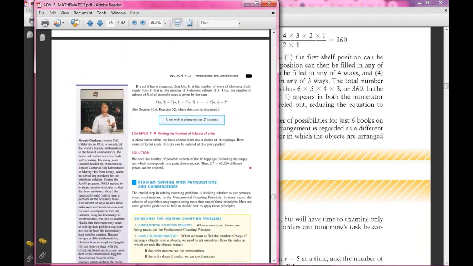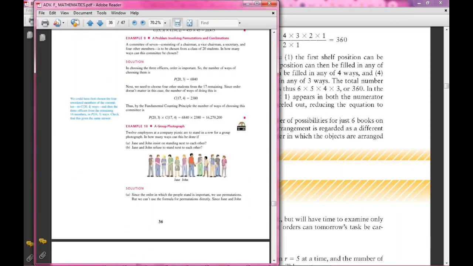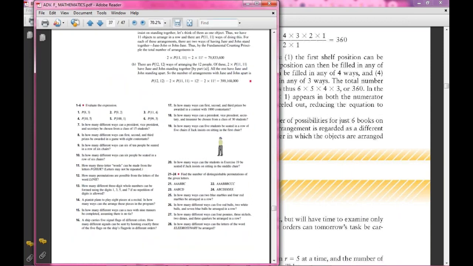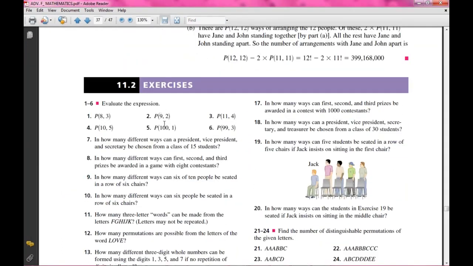So with respect to this, I'm just going to give you some few assignments. Consider this exercise. You can screenshot it, snap it, or however you want to copy it. You're going to take exercise 11.2, question 1: evaluate 8 permutation 3.